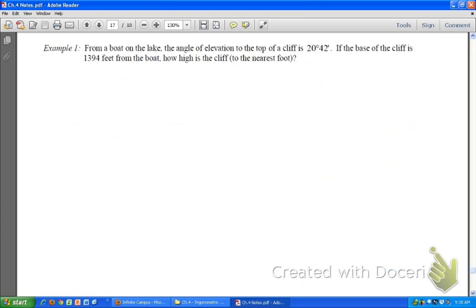All right, ready? So we've got a boat on a lake, and then we're looking up to a cliff. So I'm going to start by drawing. Oh, no. Okay. This is getting stressful. Did it do something up there?